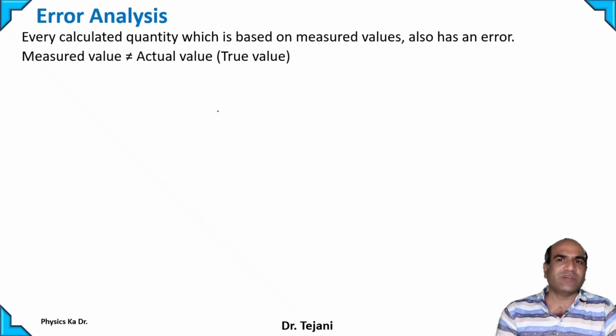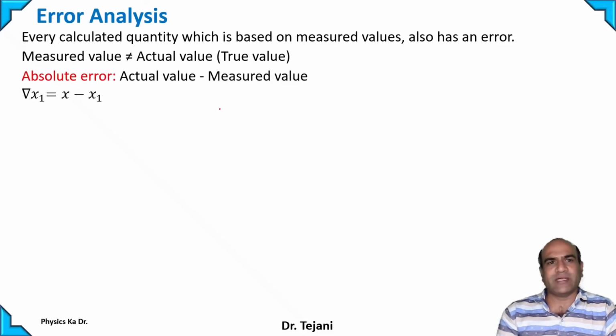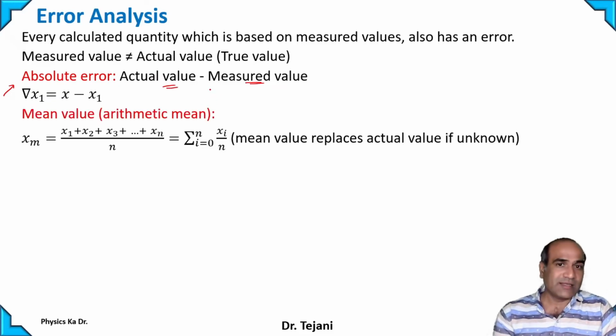So we have to iterate, we have to measure multiple times, and from that we can find the absolute error, which is actual value minus measured value. You know that we cannot measure actual values, so the average mean value is to be taken as the actual value.